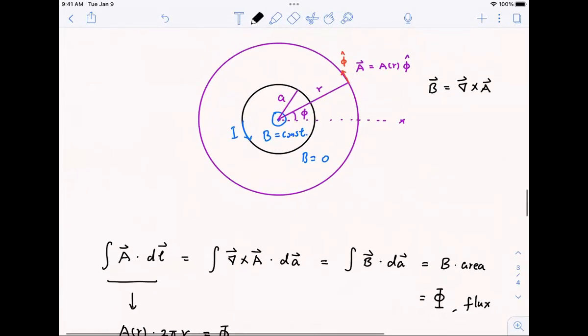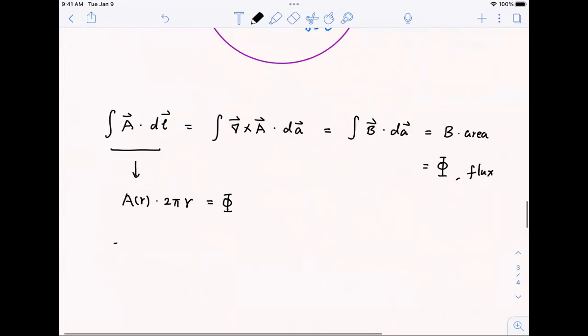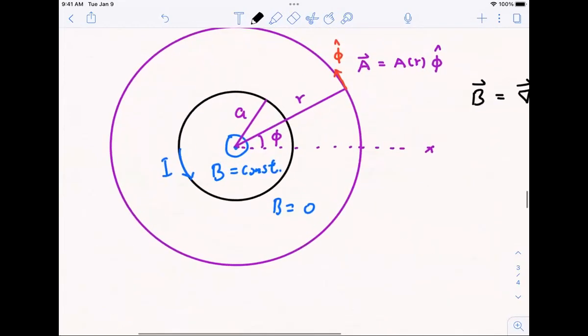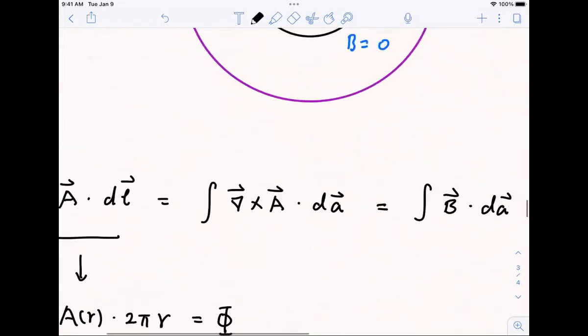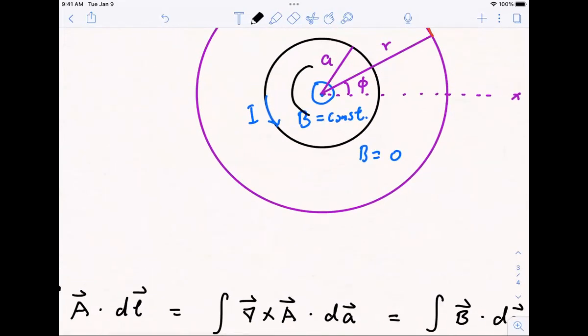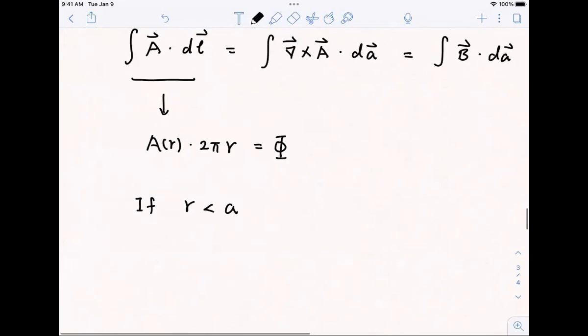If R is smaller than a, that means you are inside this solenoid. Okay, this is the solenoid. If you're inside the solenoid, then the area would depend on the R. The area will be pi R squared.